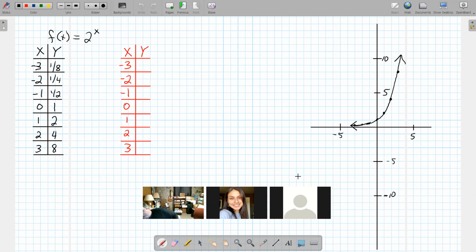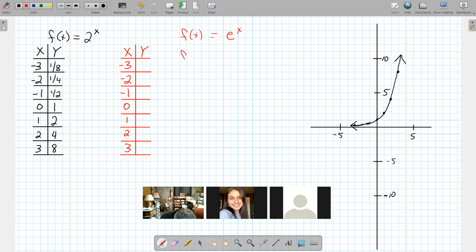I just want to make sure I'm pushing all the right buttons here. Okay, we've got the graph of f of x equals 2 to the x. Let's look at the graph of f of x equals e to the x. Now, again, e is approximately 2.7. So the graph should look very much like 2 to the x, but it should climb a little bit steeper. Okay, a little bit quicker.